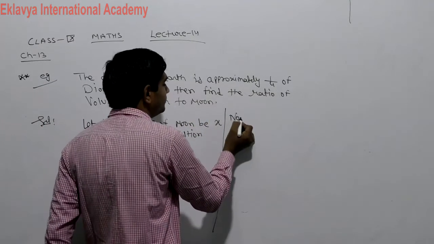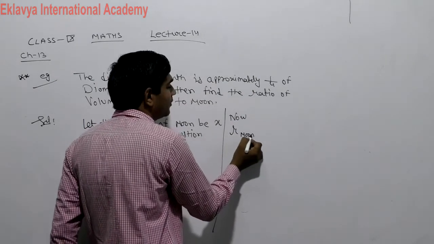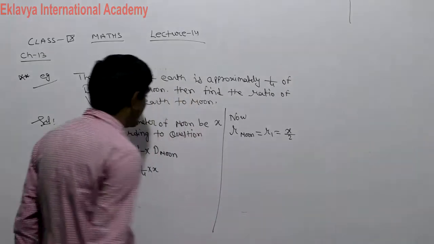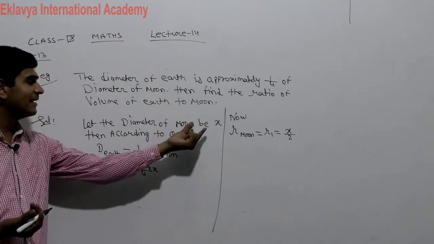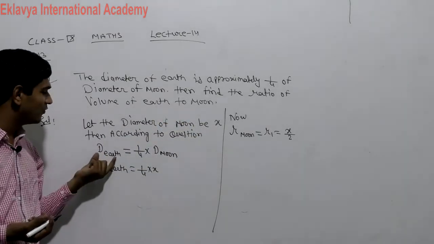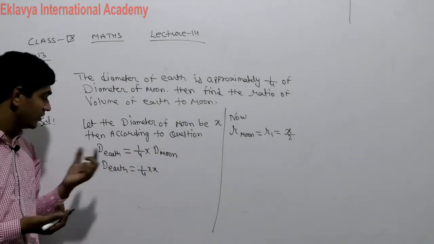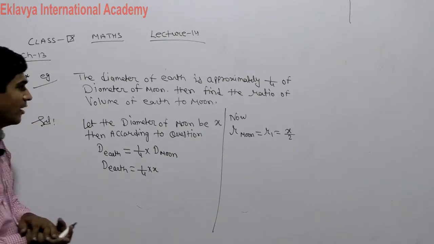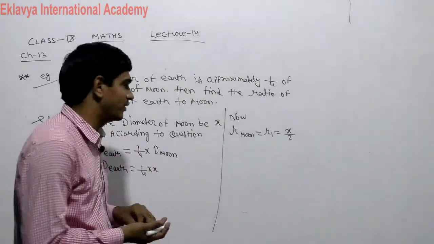Now what is the radius of moon, which is r1? That is x/2, because you let the diameter of the moon be x. So according to the question, the diameter of earth is equal to 1/4 of the diameter of moon. So d of earth is equal to 1/4 multiplied by x. Now diameter of moon is x, so r1 is x/2.